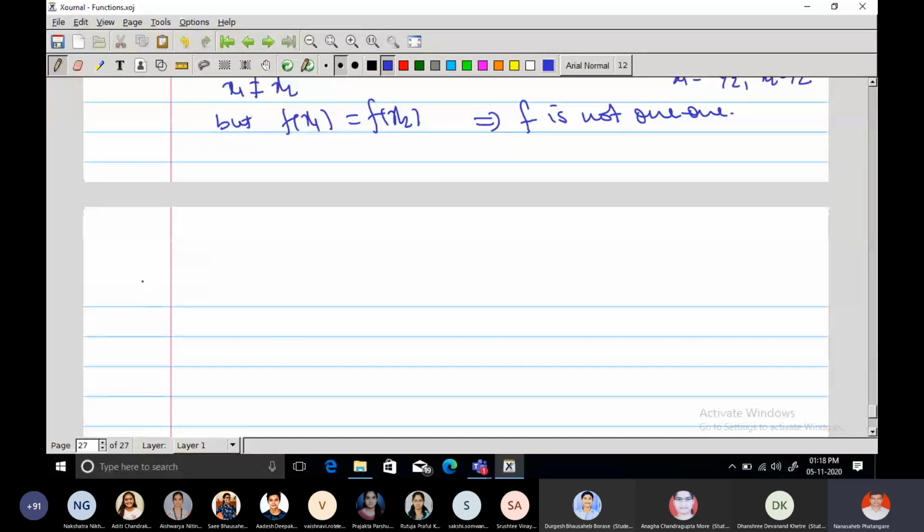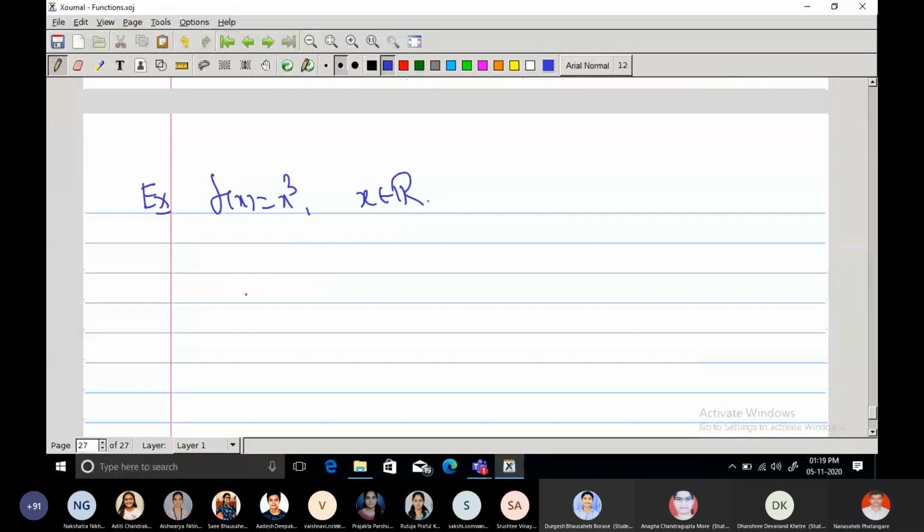Right. So if you look at f(x) equals x cube, x belongs to R, do you know the graph of x cube? Yes.